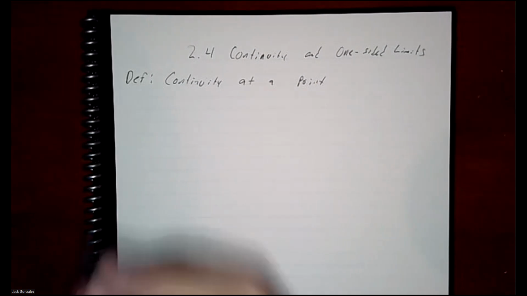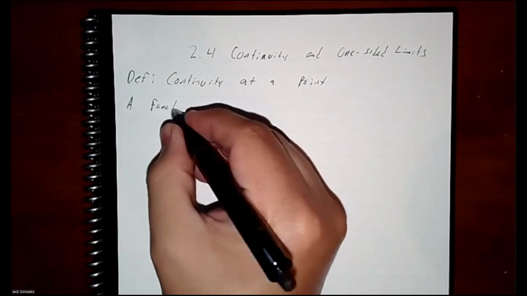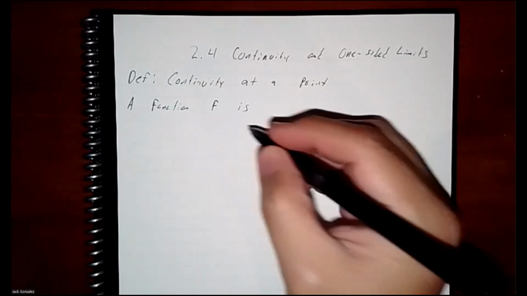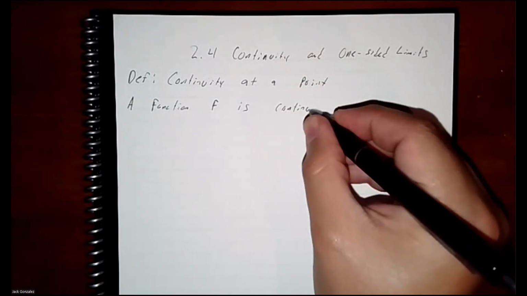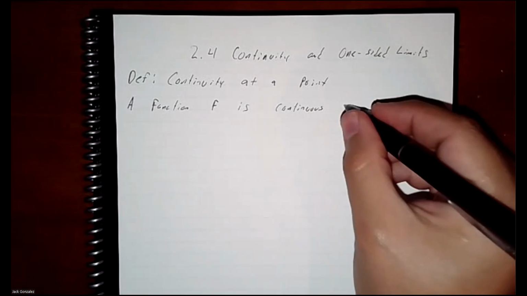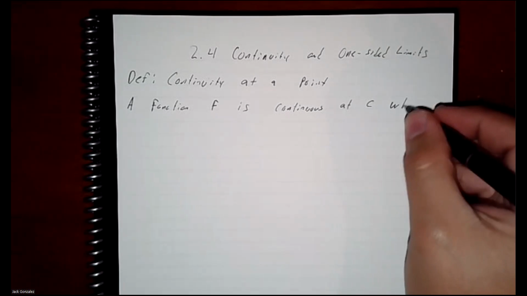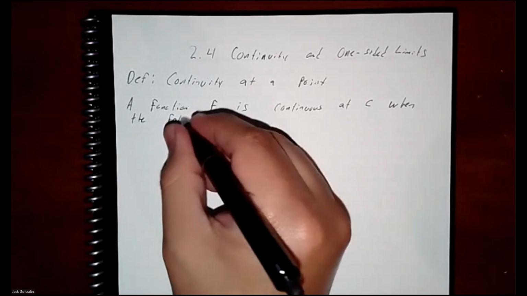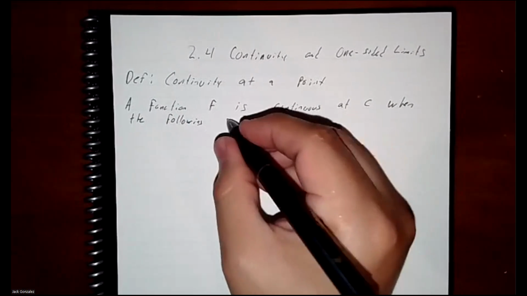Okay. So let's write this in English first. A function f is continuous at C when the following conditions are met.